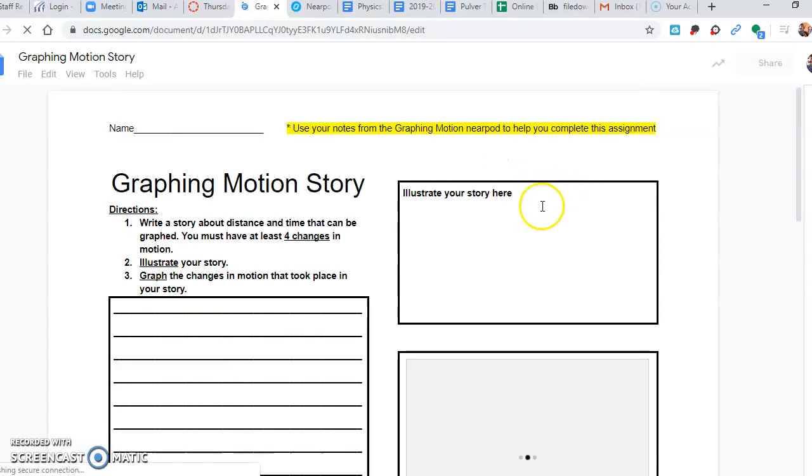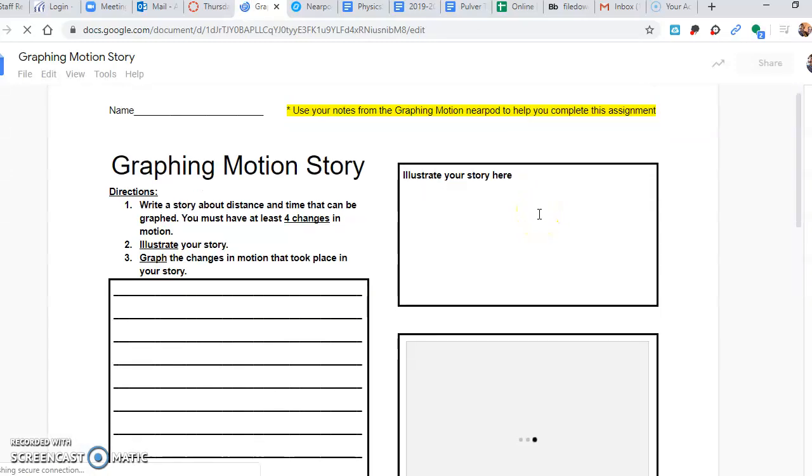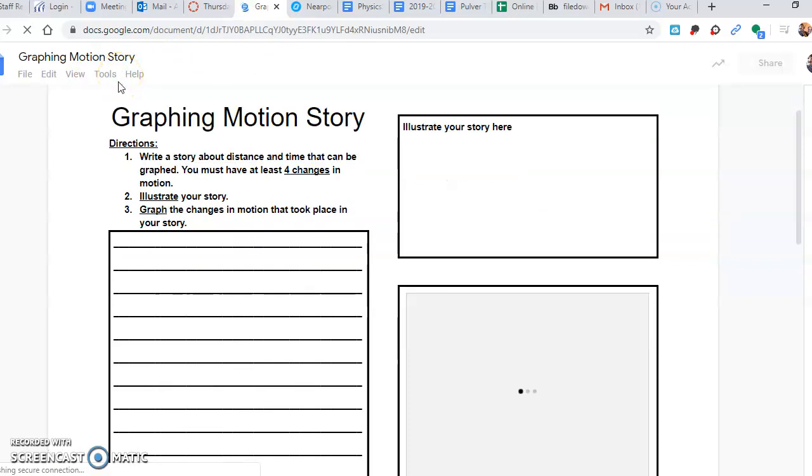Sorry, it's taking a long time to load. So today it says, using your notes from graphing motion Nearpod, help you complete the assignment.